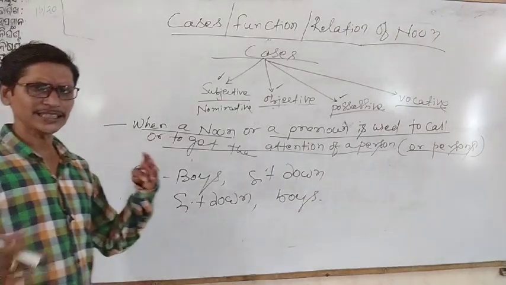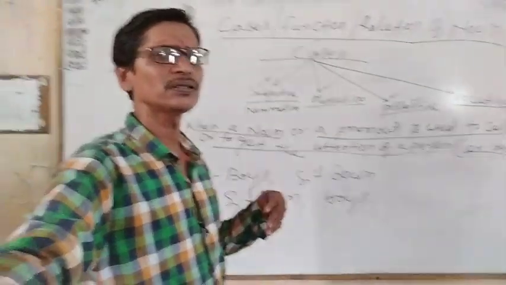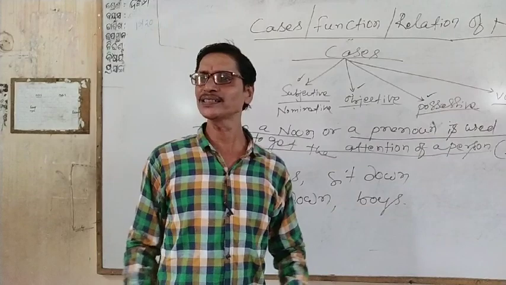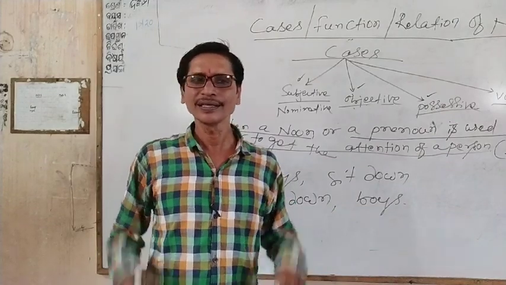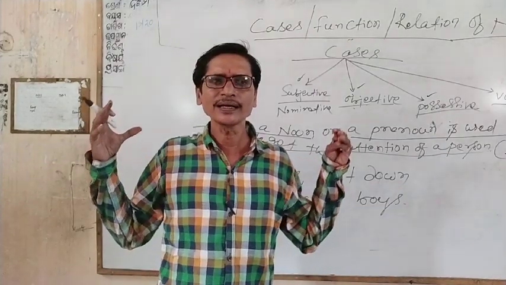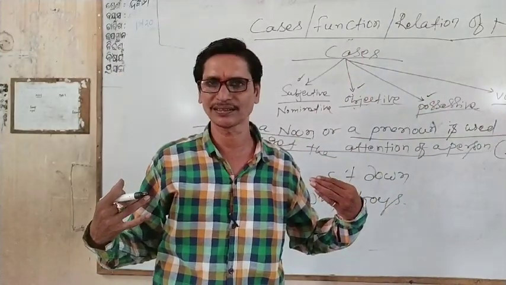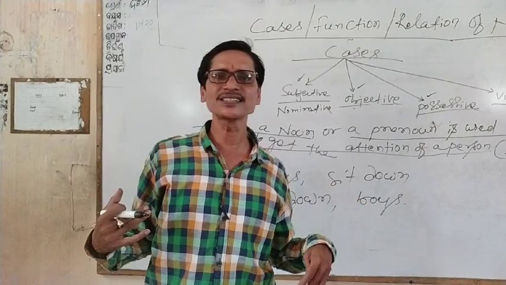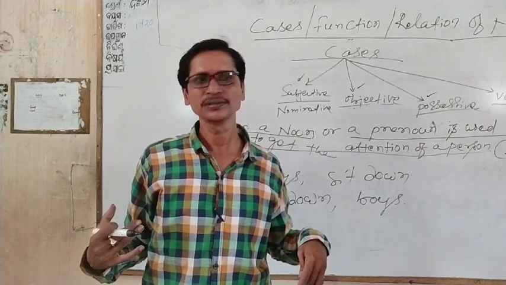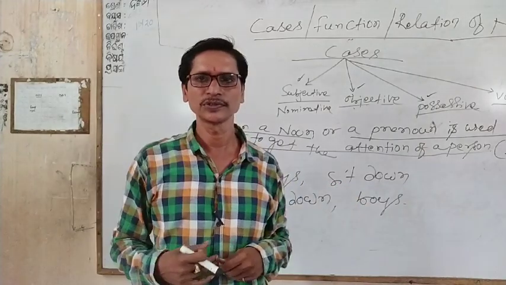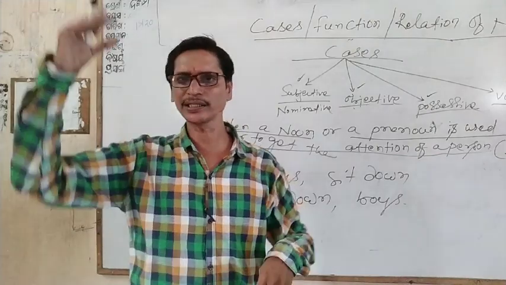So when the speaker talks to the boys, here we give much stress on "boys" to attract their attention towards us. Boys, sit down. Girls, stand up. Students, stand in queue.